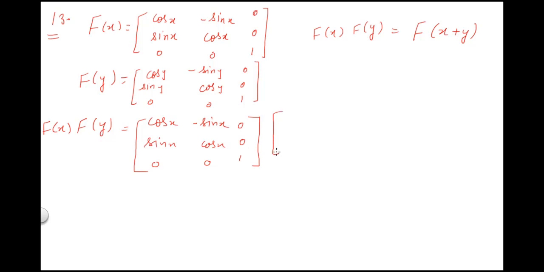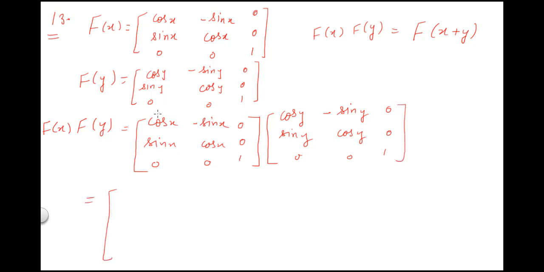You see both the matrices have the same order, 3 cross 3, so definitely the matrix multiplication is possible here. Let us write the second matrix, which is cos of y, minus sin y, 0, sin y, cos y, 0, 0, 0, 1.